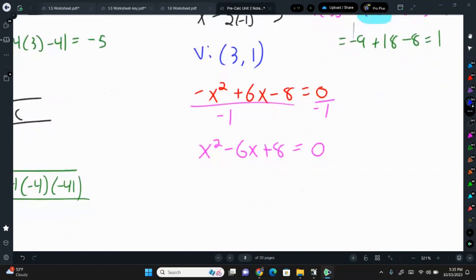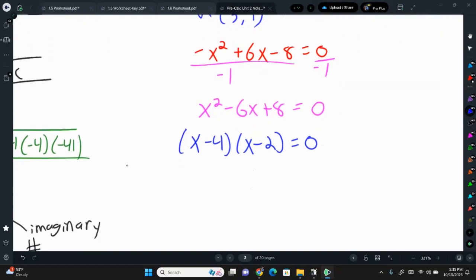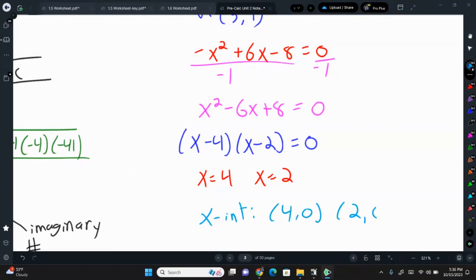And then two numbers that multiply to positive 8 but add to negative 6, we can factor that to x minus 4 and x minus 2, which means our solutions are 4 and 2. So then our x-intercepts are (4, 0) and (2, 0).